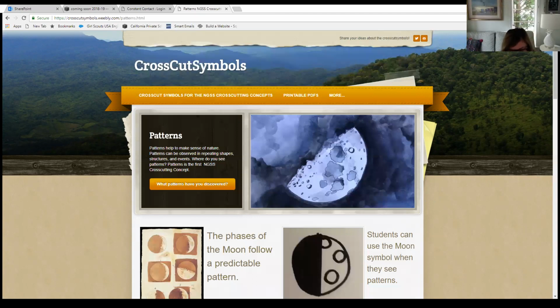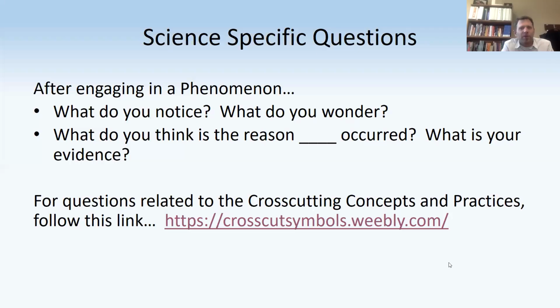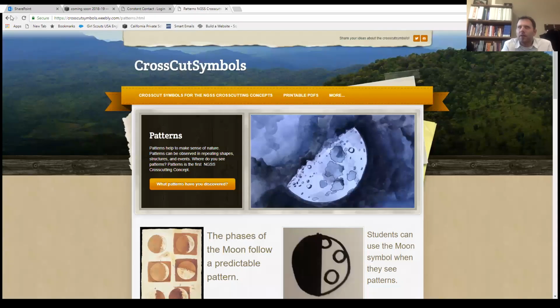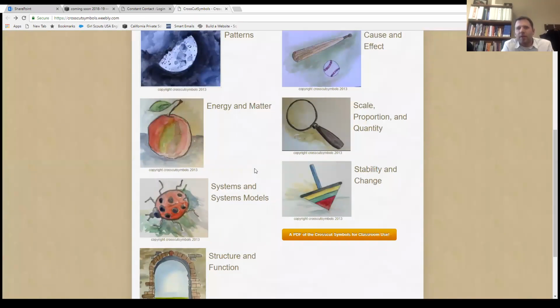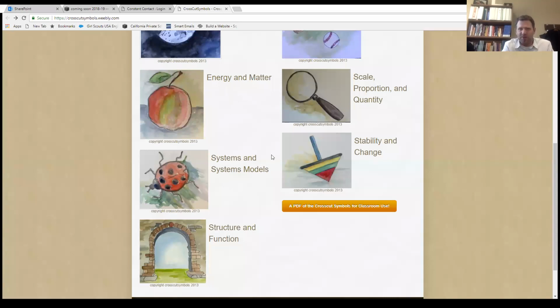And if we go back one screen, each of those tiles had a certain icon, and that site has little posters you can print off for your room of those icons. So you could even point to that poster and say, we're going to be in energy and matter today.